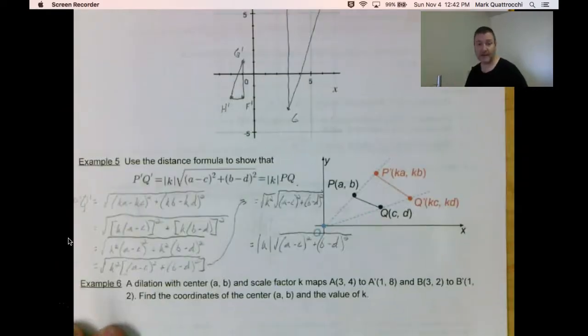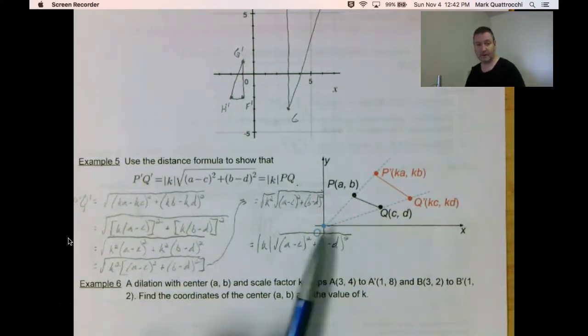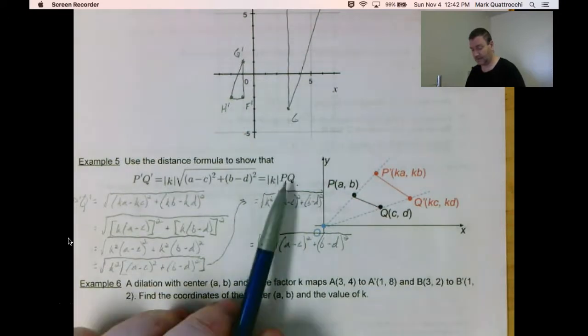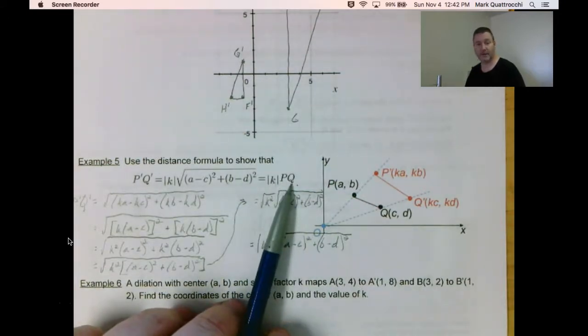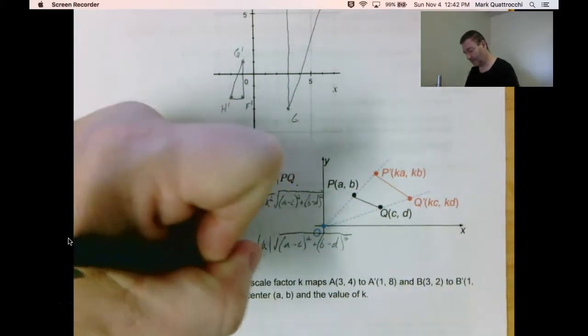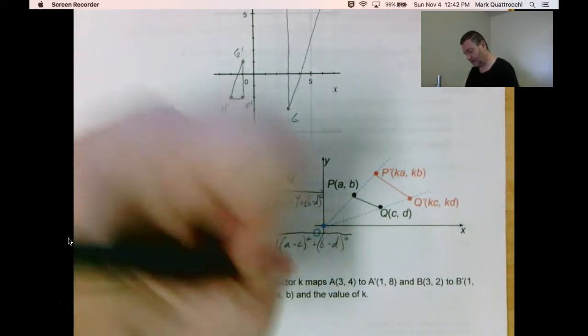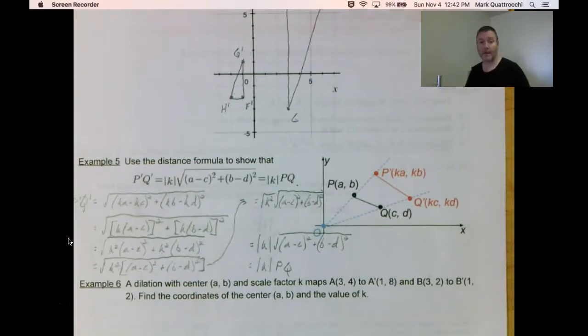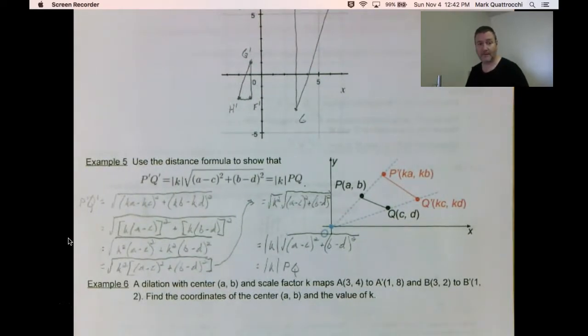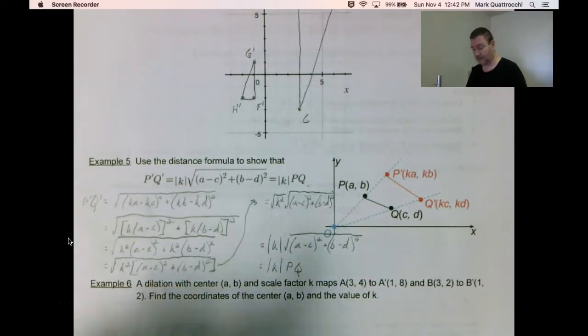And A minus C squared plus B minus D squared, this is the length of segment PQ. So we now have the absolute value of k times the length of segment PQ. And we have shown algebraically that these two are equal.